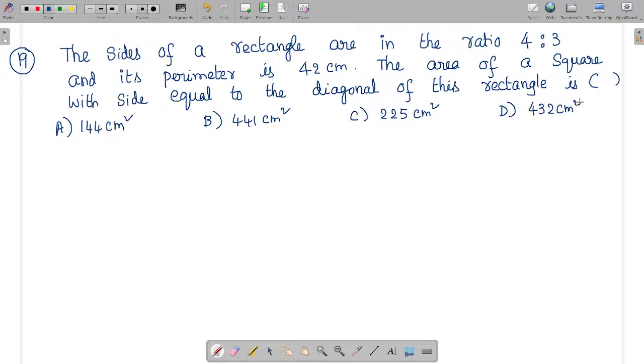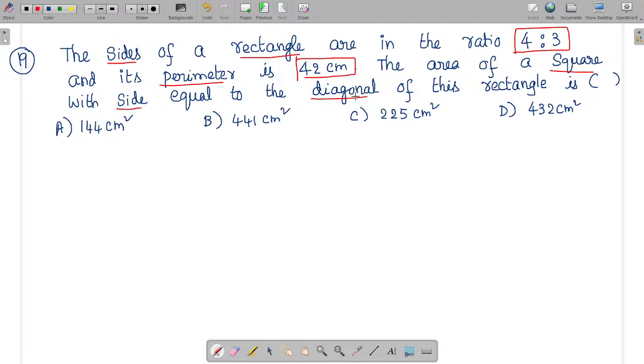First, let me read the question carefully. The sides of a rectangle are in the ratio 4:3. This is the first concept. And its perimeter is 42 centimeters. The question is the area of a square with a side equal to the diagonal of the rectangle. So how could you find out?